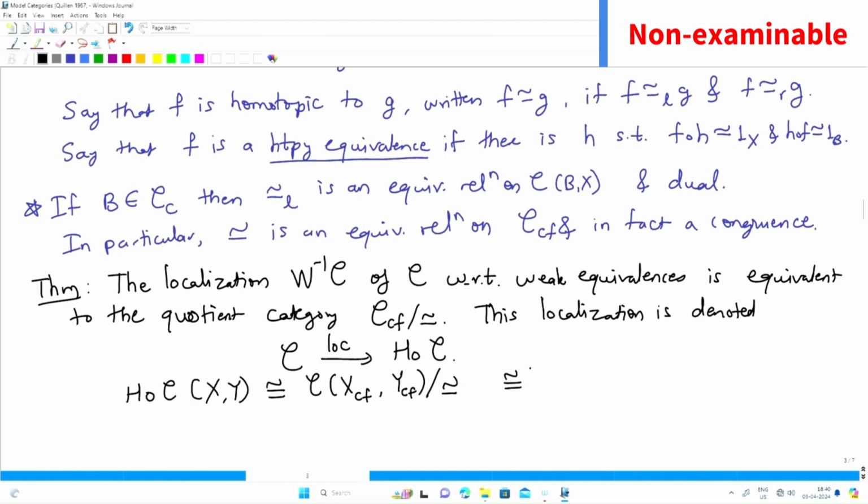Or if you want the middle version, then you can also take this, because you know that this is an equivalence relation. The homotopy equivalence classes of maps between the fibrant cofibrant replacements of the individual objects.